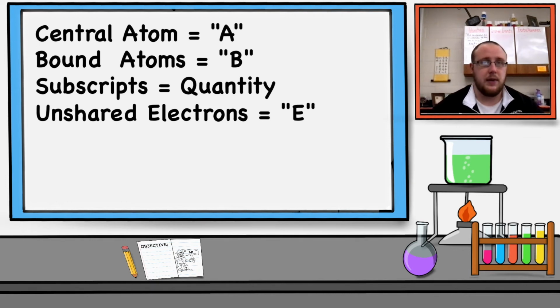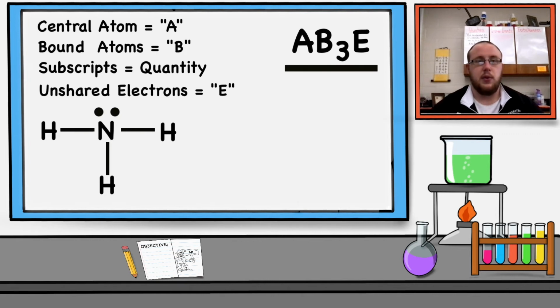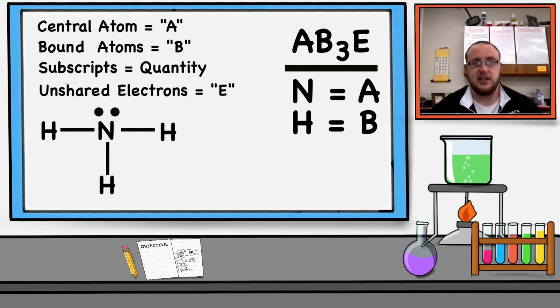Any subscript after this is going to tell us how many of those pairs there are. If we go back to ammonia from earlier, we could use the template AB3E to represent it. Nitrogen is our central atom, A. The 3 hydrogens are bound to the central atom, so that would be B with a subscript 3. And then we would have one lone pair of electrons, our E.